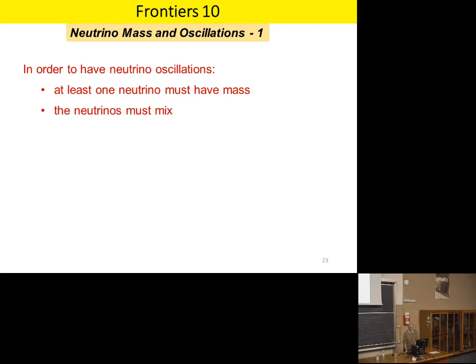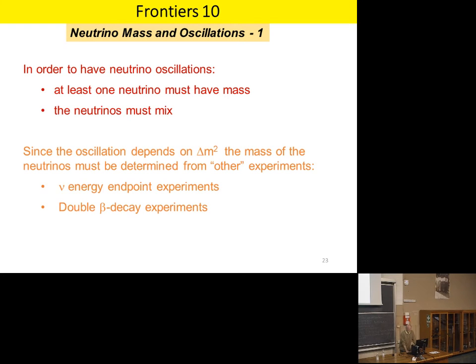If they have mass, then it turns out that they have to mix. It turns out just in nature that what I show you has to happen. We don't need a theory. Once they have some mass and they're different from each other, then the phenomena that I'll show you has to happen.